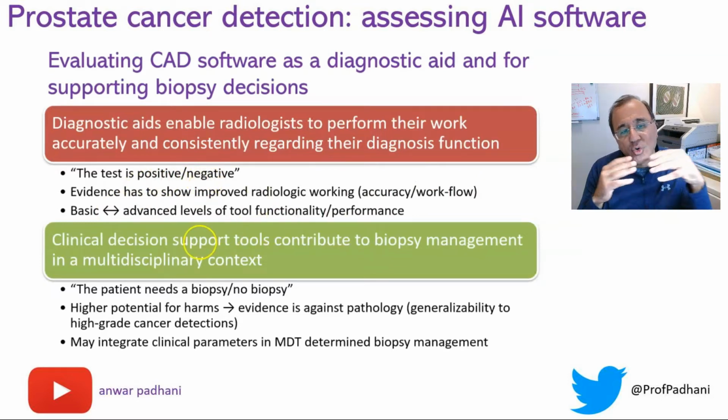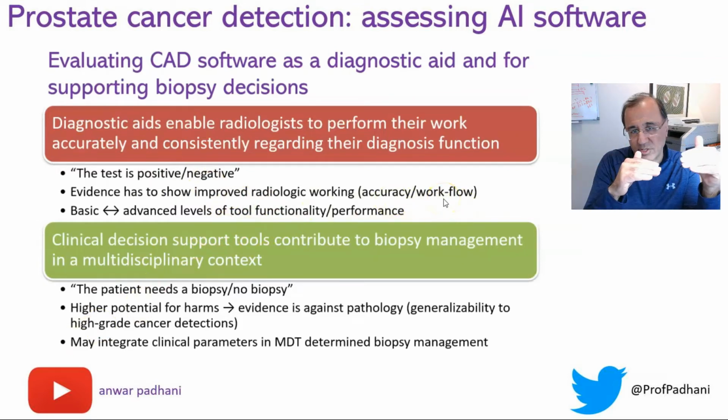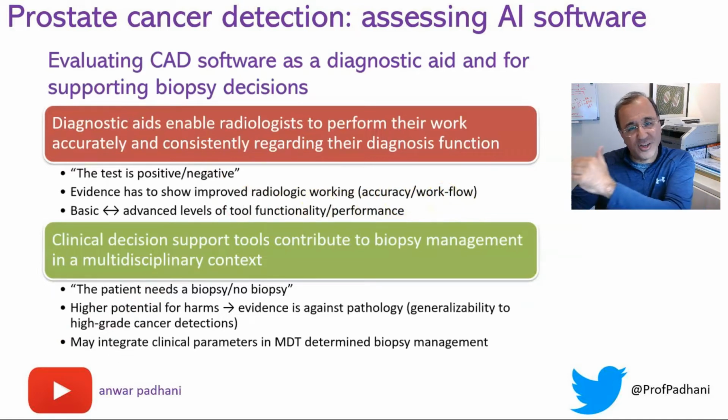Okay. So in other words, the evidence that you need is against other radiologists in terms of accuracy and workflow compared to other radiologists. And you can, of course, have a basic functionality or an advanced level of functionality. Now, when you evaluate an AI tool for biopsy decisions, this patient needs a biopsy, this patient does not need a biopsy, then of course the level of harm is higher.